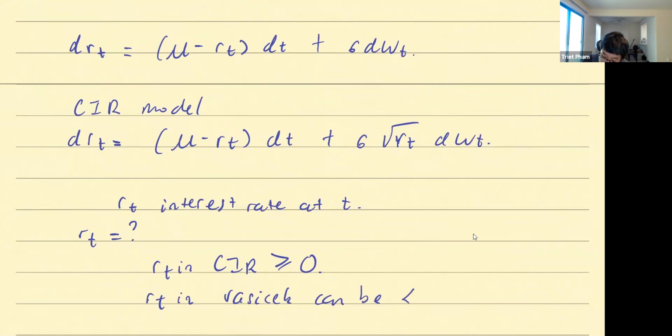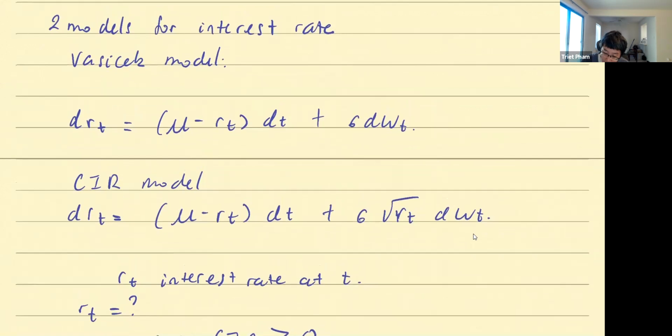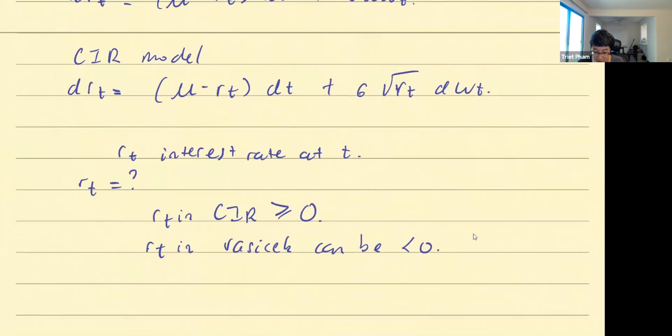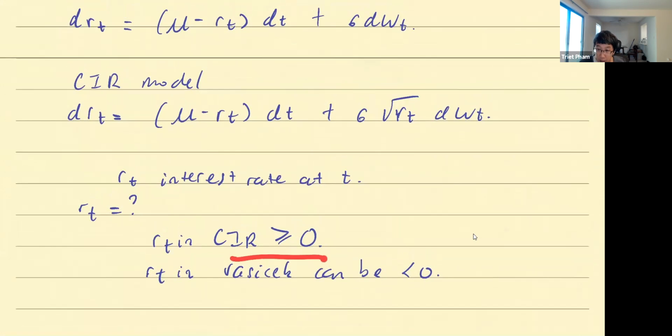And what really explains that is this term right here. So this term is what guarantees the CIR model to be non-negative, but also what makes it more complex.